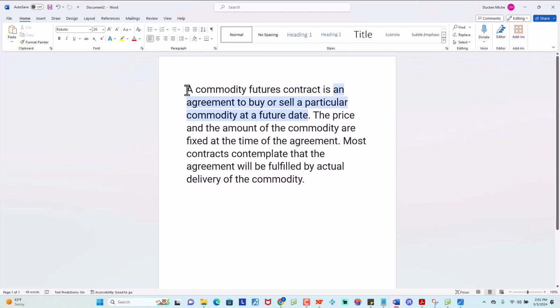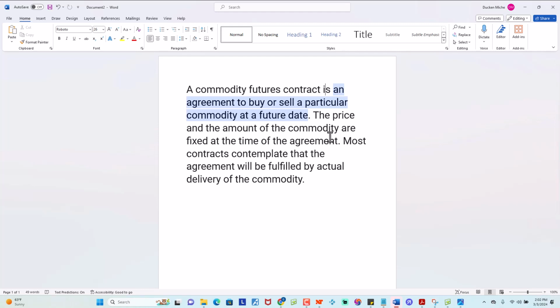Now a quick definition, right? A commodity futures contract is an agreement to buy or sell a particular commodity at a future date. What does that mean? It's practically this, and that's what futures is based on. Let's say you are a farmer and you plant corn, and you want to sell your corn.